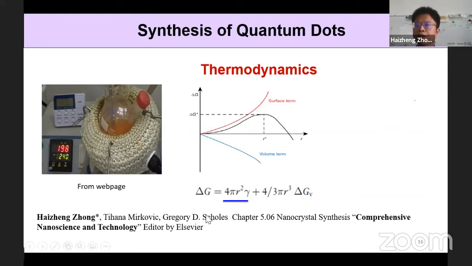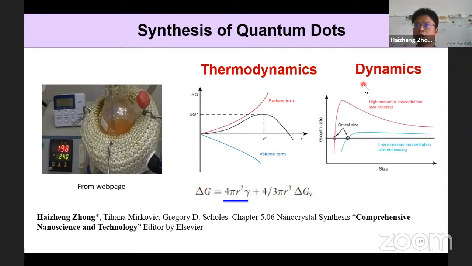In comparison with the formation of other conventional bulk materials, the formation of quantum dots induces a new term of surface formation energy in addition to the volume energy.